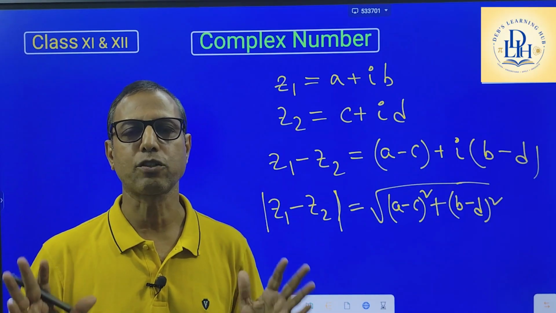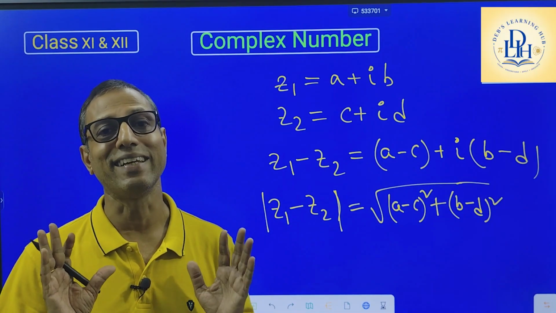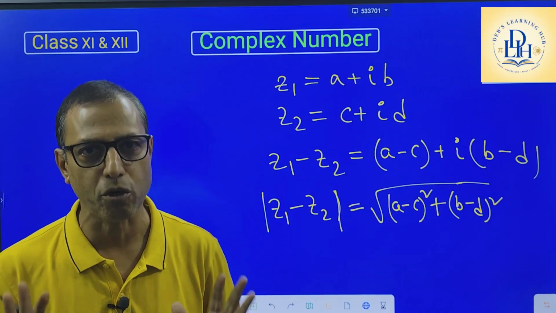So modulus actually defines the distance with respect to geometry.